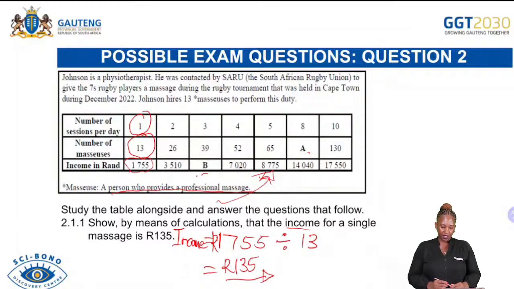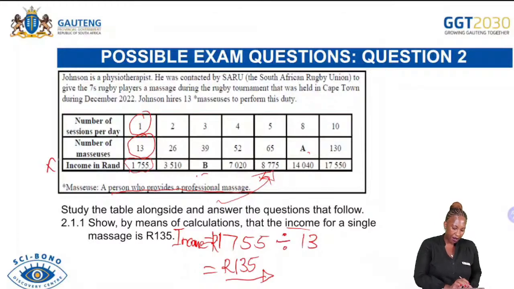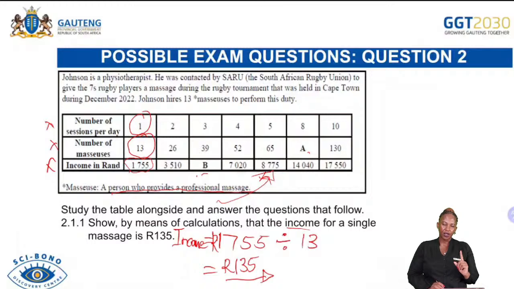They are charging 135. Now, boys and girls, did you see where I got my answer? I am given the income. I have the income. I have the number of people, the masseuse, and then I have the number of sessions. 1 session, 13 people. The income will be how much?